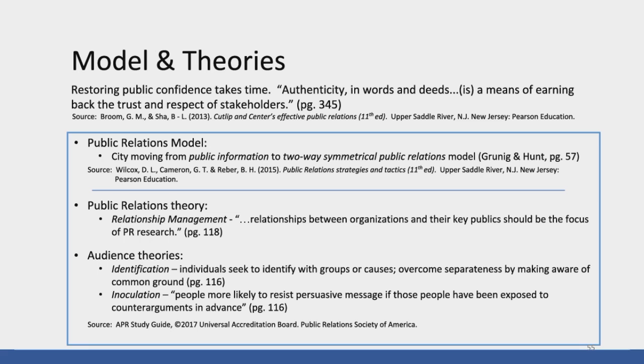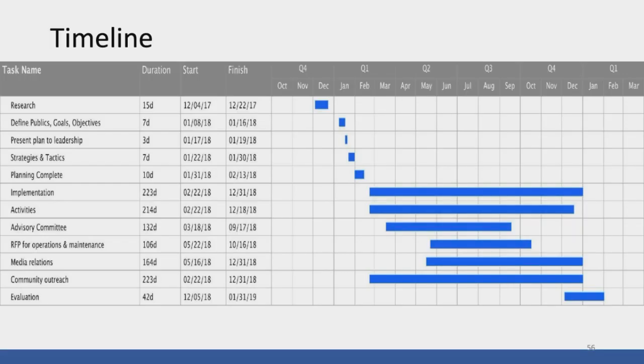A lot of what we experienced here is some of the audience theories that we read about, identification theory, where they came together as a group, even though we mostly didn't care so much about golf, but the golfers were certainly benefiting from what the residents were protesting about. And then also the inoculation theory, because these people were sort of resistant to our messages because they'd already seen some negative messages from the Friends of Swenson in advance.